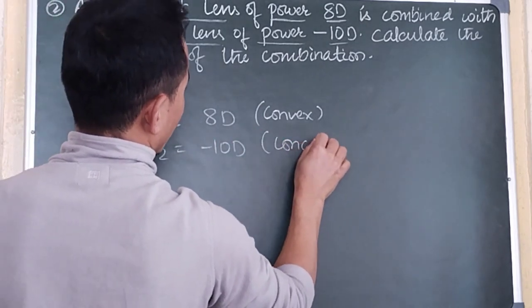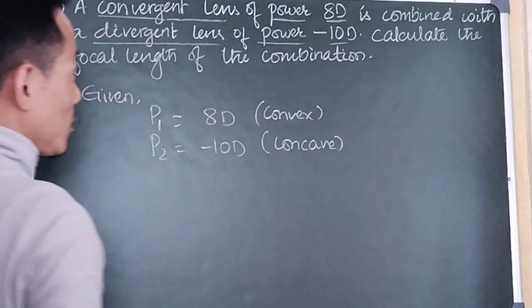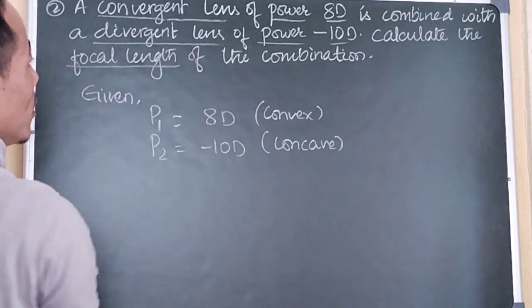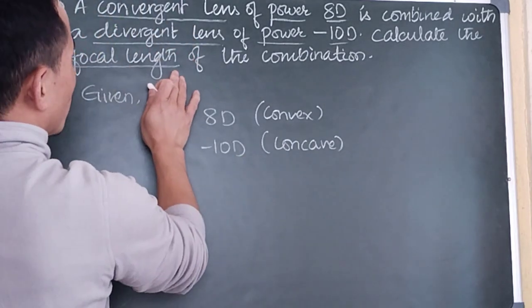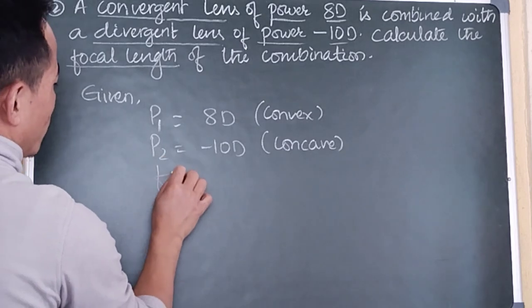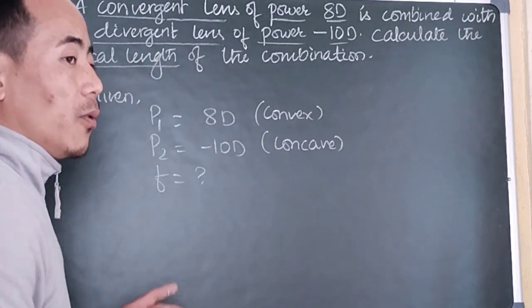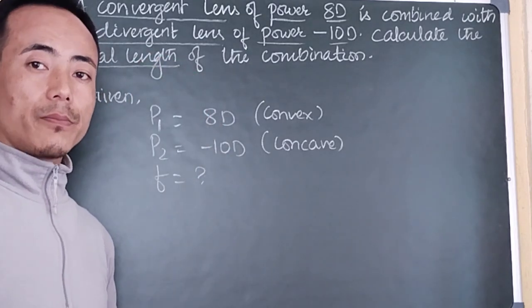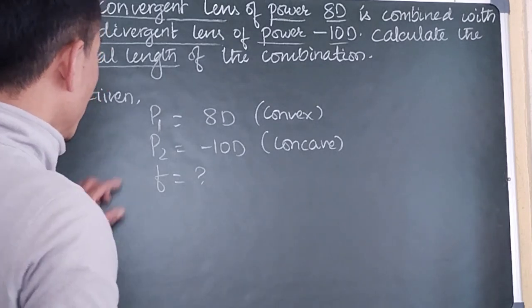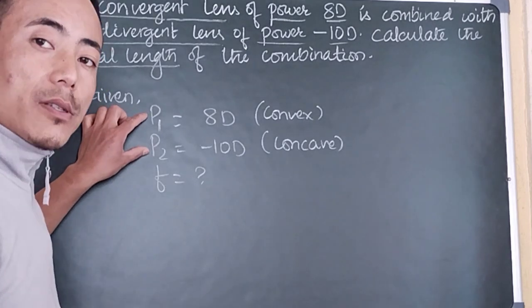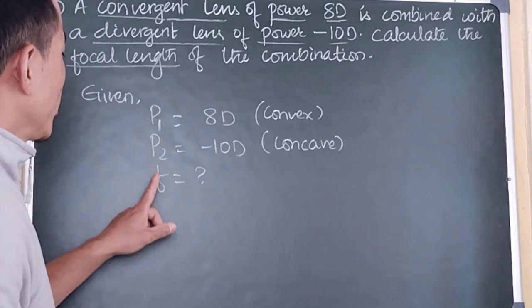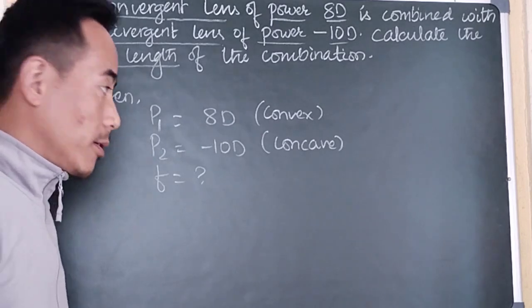This one is our concave. So what you have to do is calculate the equivalent focal length or the total focal length of this combination. So we have to calculate the focal length F of this combination. For that, we will calculate the equivalent power first, and then we can easily calculate the focal length here.